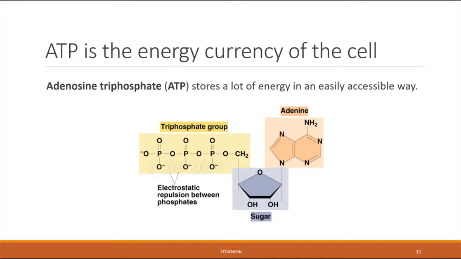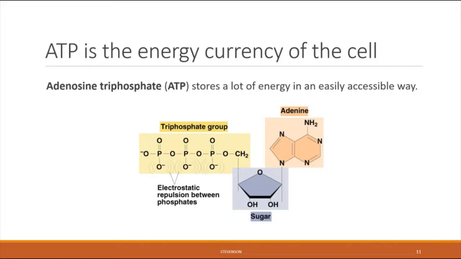ATP is a very important molecule for all living cells because it is considered the energy currency of the cell. ATP is special because although it is a relatively small molecule, it stores a large amount of energy, and most importantly, it stores that energy in a way that is easily accessible to the cell.